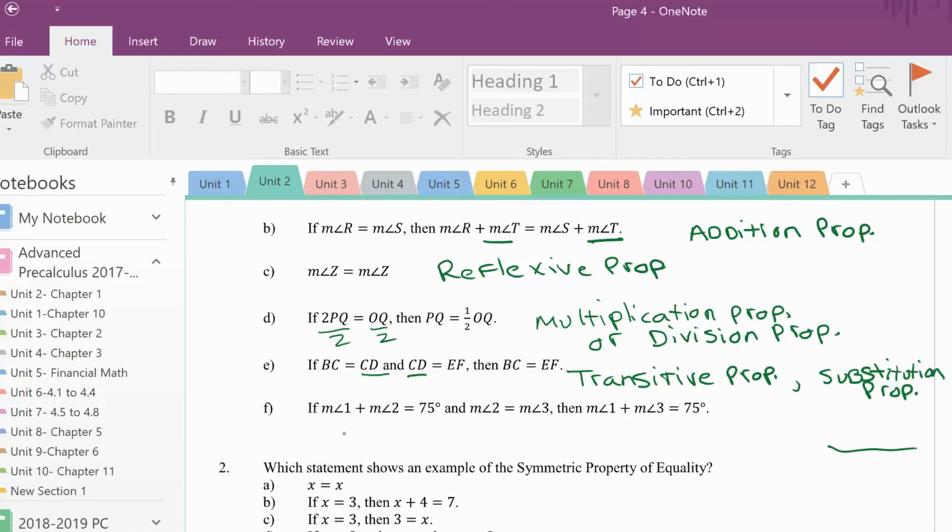Here, the measure of angle 1 plus the measure of angle 2 equals 75. Angle 2 equals angle 3, so notice they substituted in 3 for 2. So this would be the substitution property.